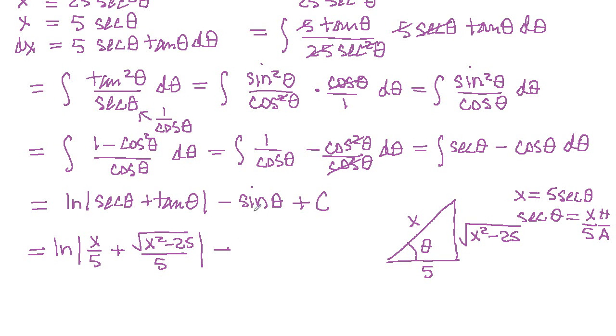And then sine theta, opposite over hypotenuse. So root x squared minus 25 over hypotenuse of x, and plus a constant. And lo and behold, we have our antiderivative.